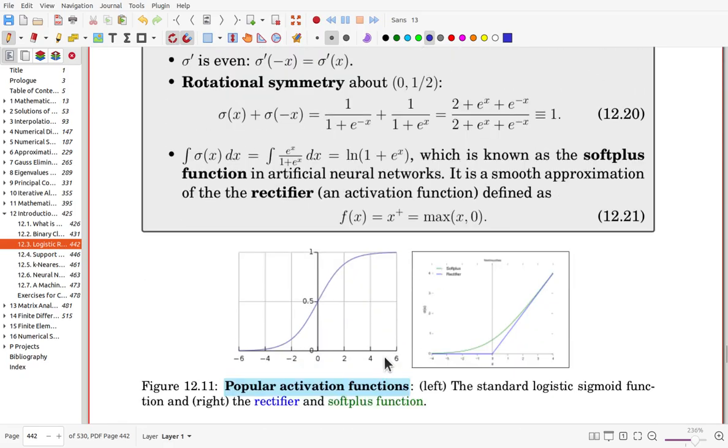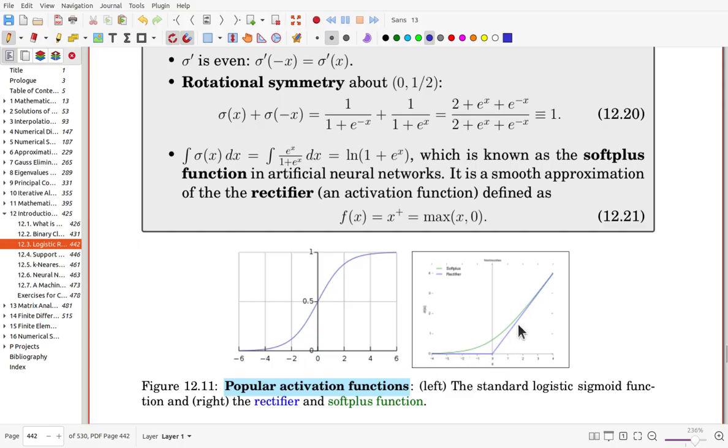And here, let's look at this green curve, which is the softplus function. Now, if you consider this rectifier, it is defined in this way, taking the maximum between the input and 0. So that is this blue curve. For values less than 0, we take 0 by taking the maximum.